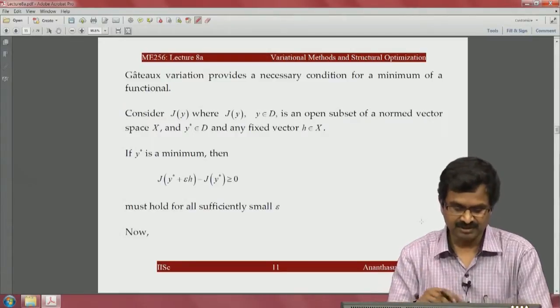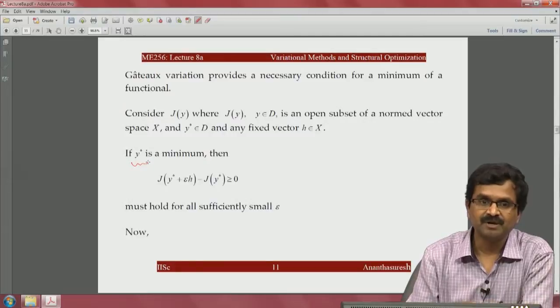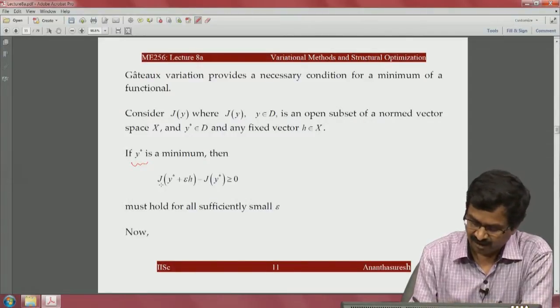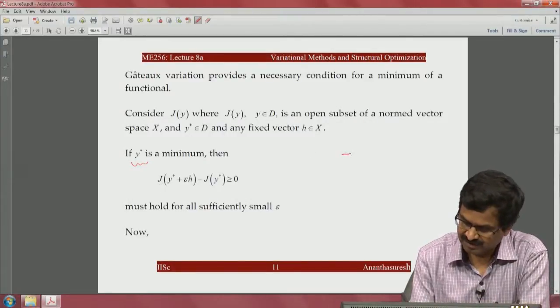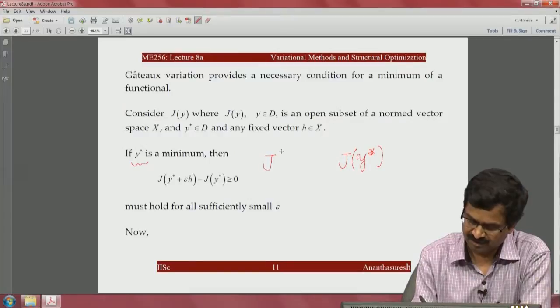Our starting point is first say if y star, that function, were to be a minimum, then after perturbing, we have the functional as a function of y star, but then we will have another one after perturbation, y star plus epsilon times h.